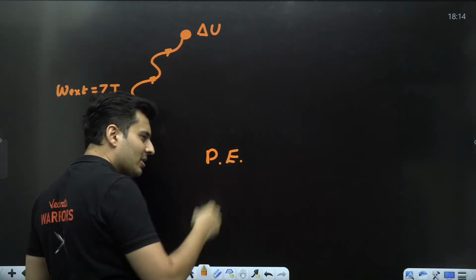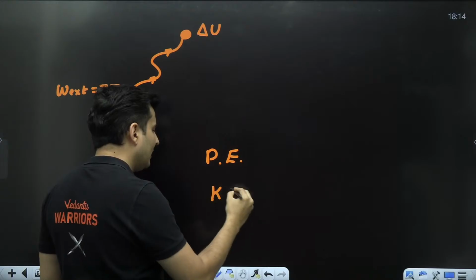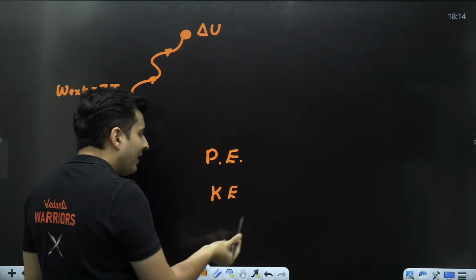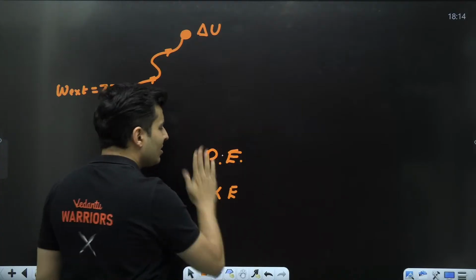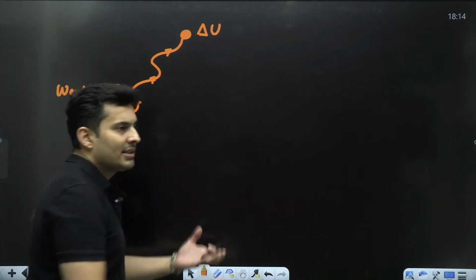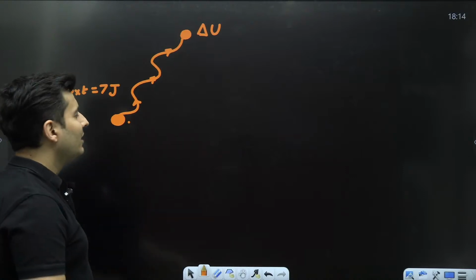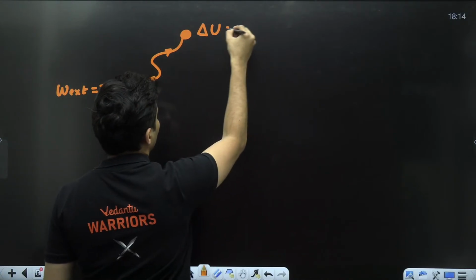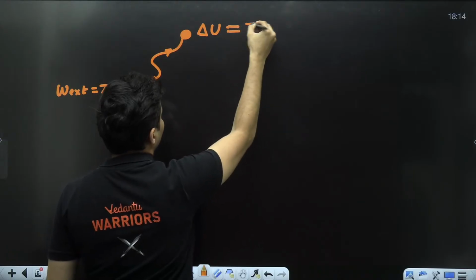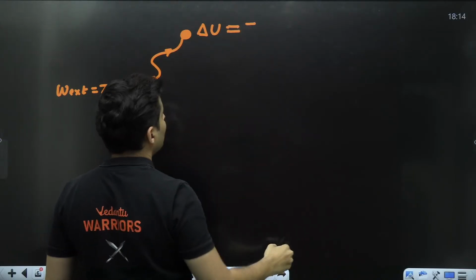If I write K into E, this might look very different: Coulomb's constant into electric field, or it could mean something else. So we usually avoid such writing. We use the symbol capital U. So the extra potential energy that gets stored in it is basically 7 joules.